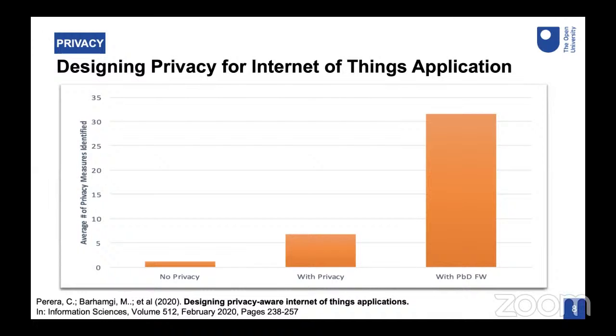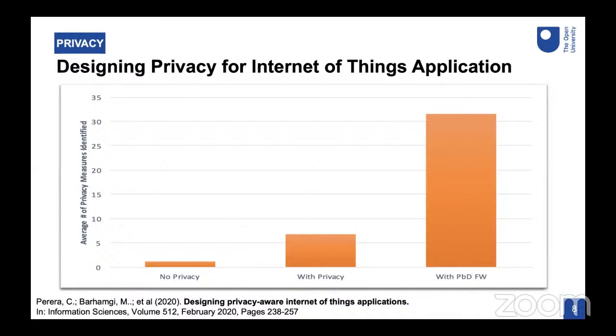But then when we gave them the framework, the privacy by design guidelines framework that we'd created, they were able to come up with many, many more. And on average, they could come up with over 30 different privacy features that should be integrated into these applications. So this just goes to show the importance of thinking about privacy systematically when designing Internet of Things applications.